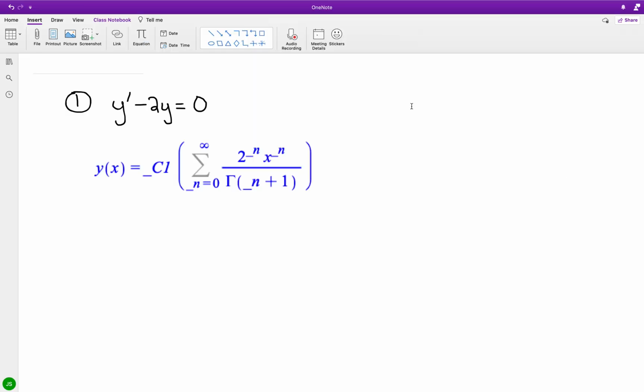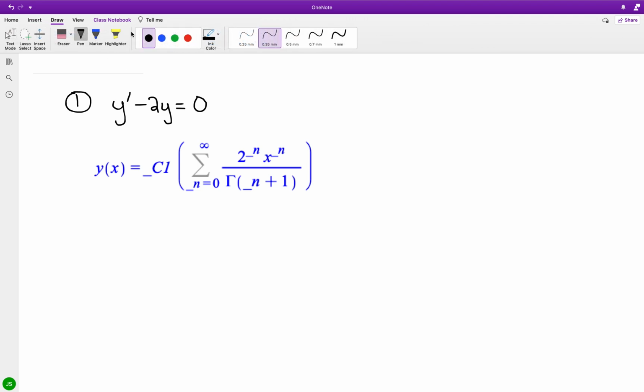Now, looking at the solution, if I put this in the context of getting out of the gamma notation and putting it in the context of the summation concerning factorials, right now we have 2 to the n times x to the n, and I can combine this as 2x raised to the n.